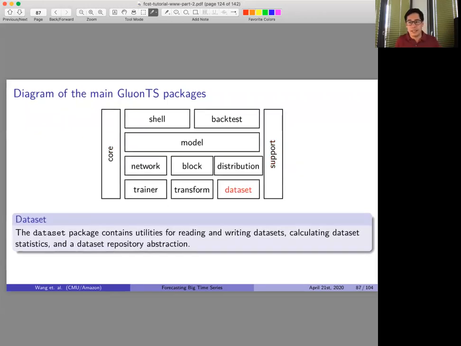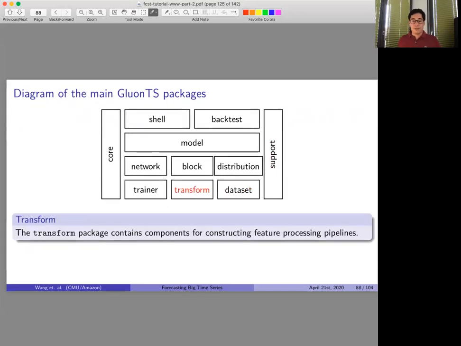We have some datasets that you can access quite easily with GluonTS. There's a bunch of public datasets available for which we have loading capabilities built in, including the M5 competition. And then there are feature transformation steps that you can do that are quite flexible, and they're all part of this transform package.